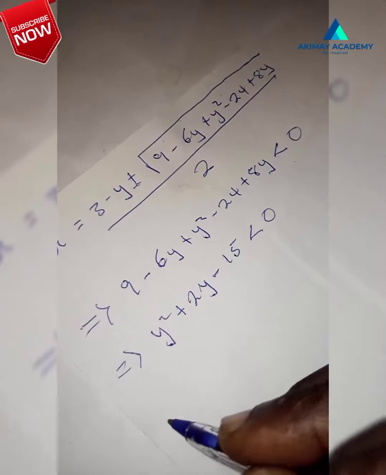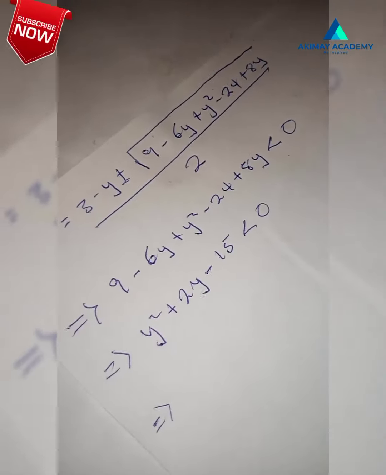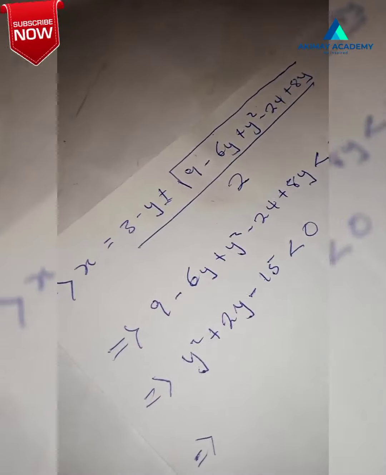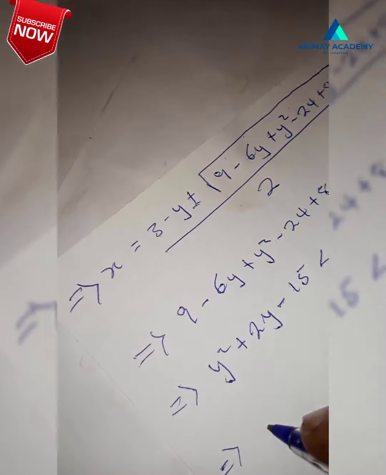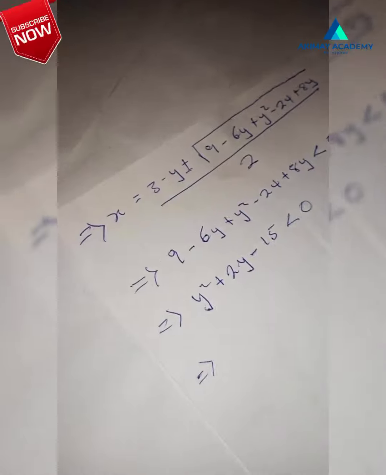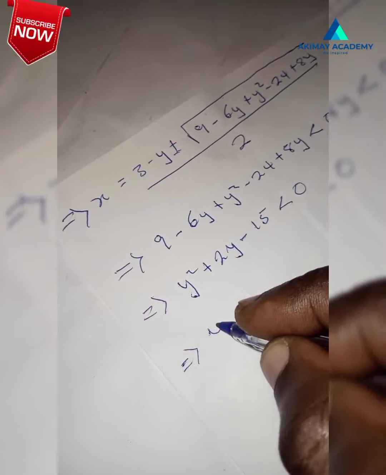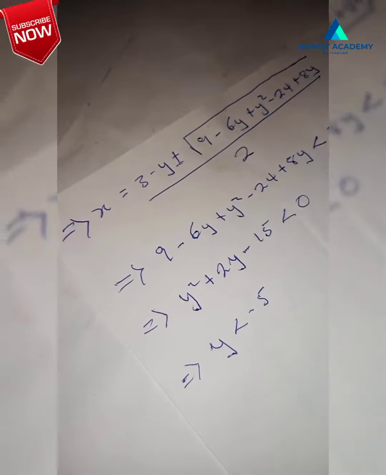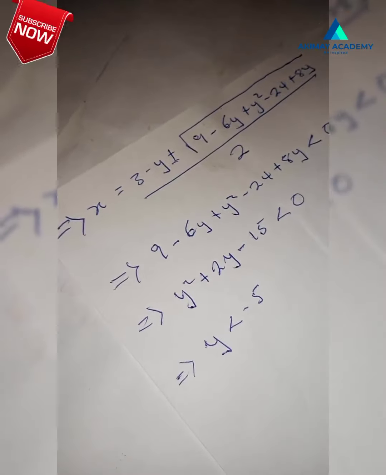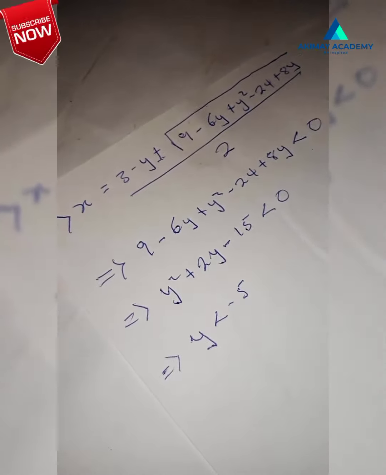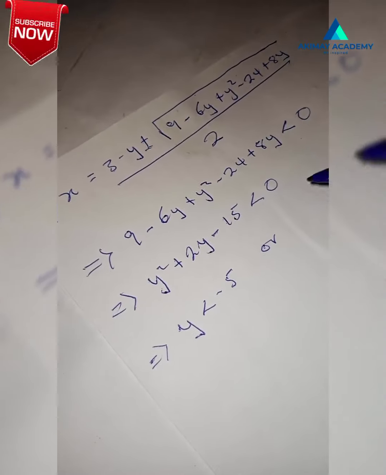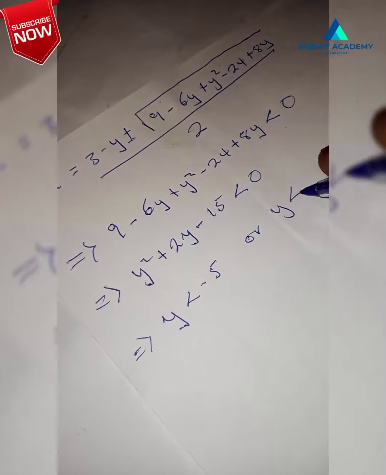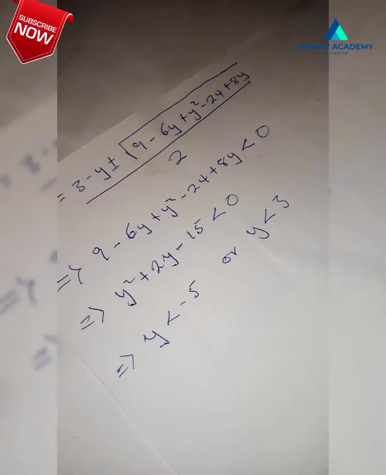So at this point, when we factorize it, we are going to have y plus 5 times y minus 3 less than 0, with critical values y equals minus 5 and y equals 3.